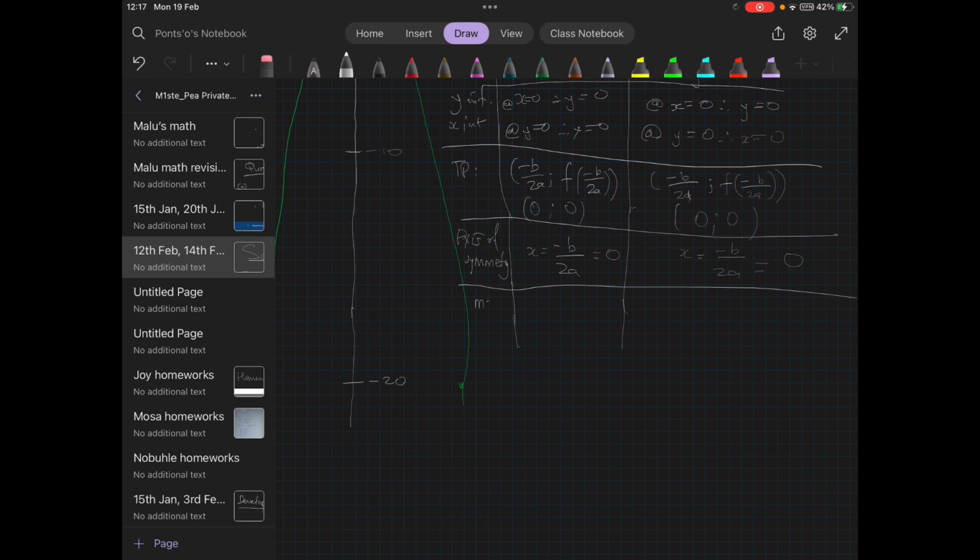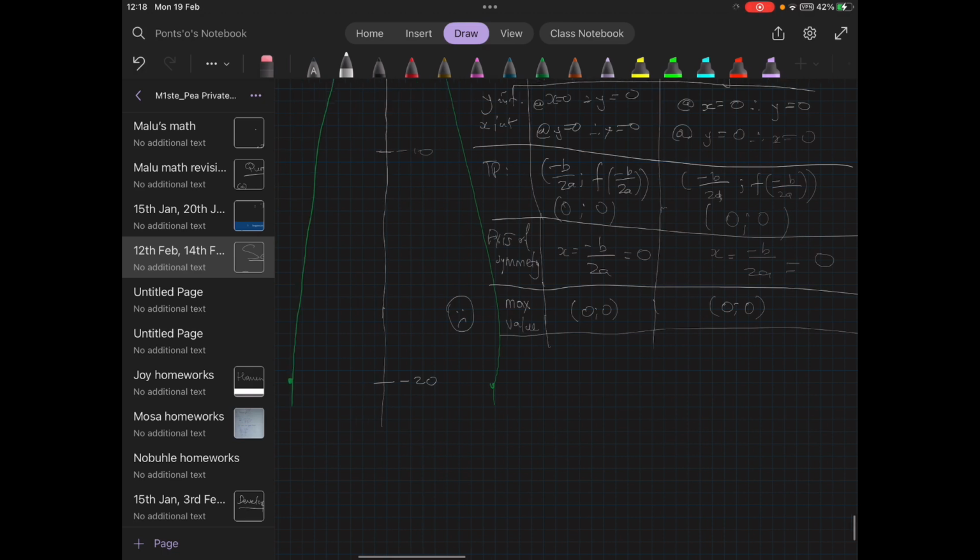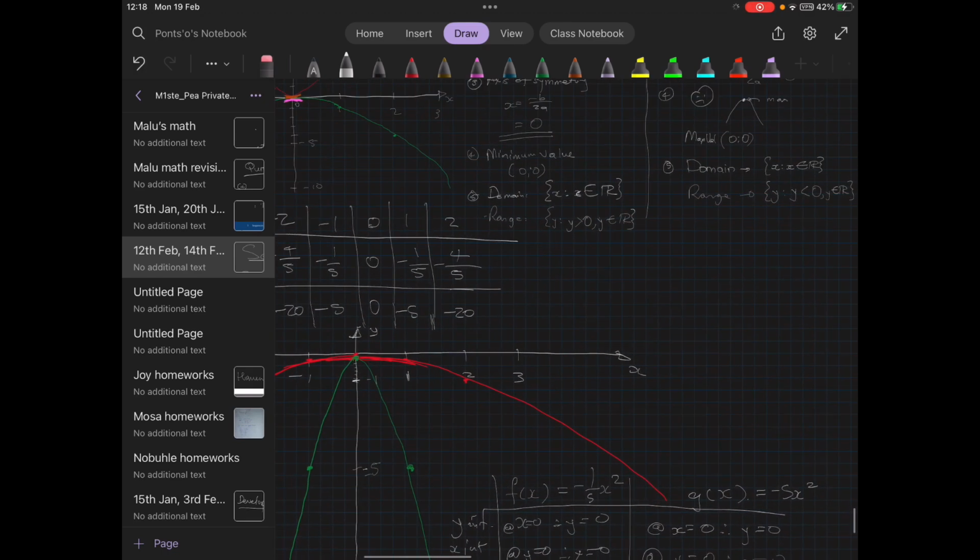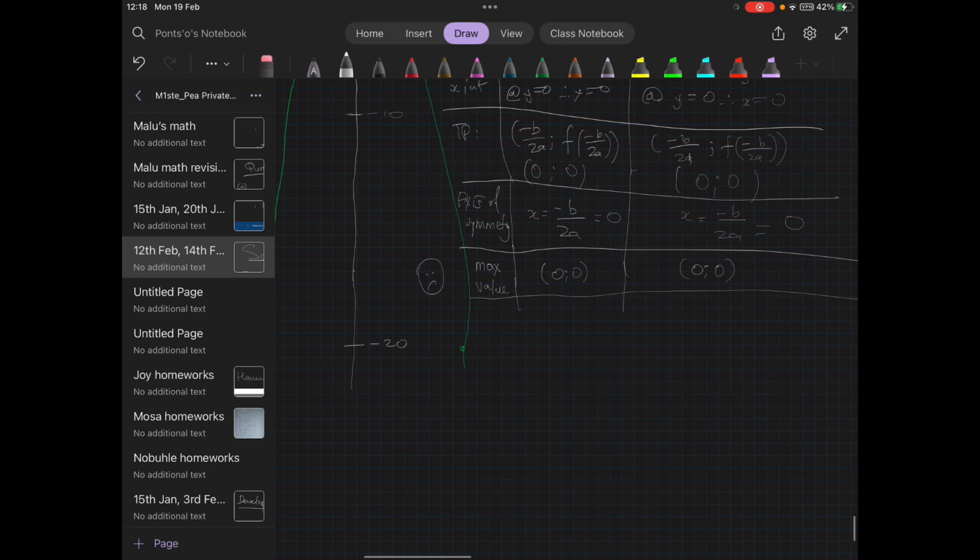Then I guess we have a maximum value because it's a frowning curve. So our max value would be the point (0, 0), which is at our turning point in this case. For both of them, even the flat looking one. Because there isn't a value of y that's above (0, 0), so that's the maximum value.